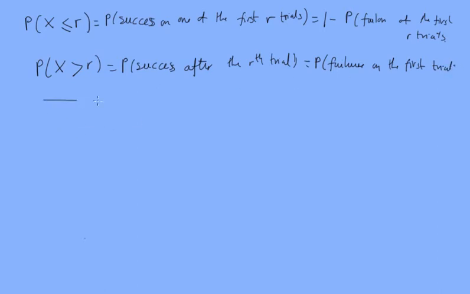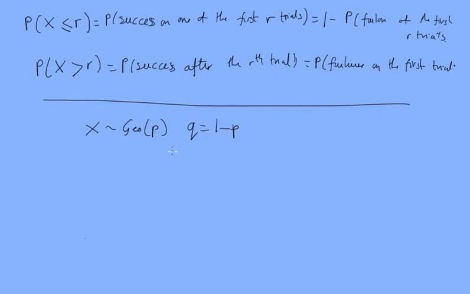So for when X is a geometric distribution with probability p, and let's say q is the probability of a failure, the probability that a success occurs on one of the first trials before r, or on r, is equal to 1 minus q raised to r.